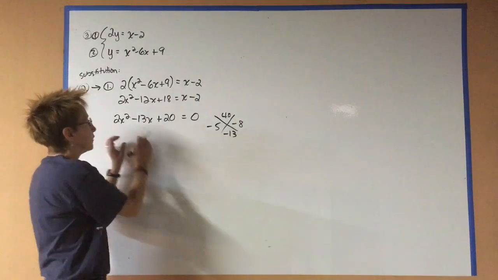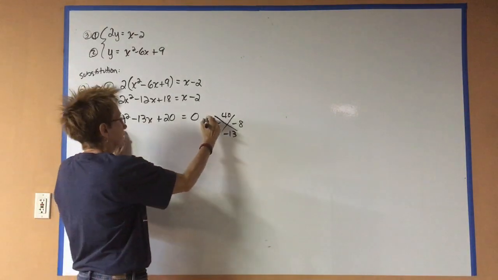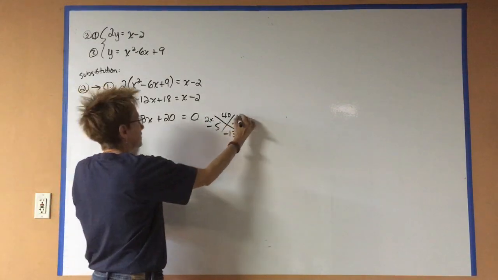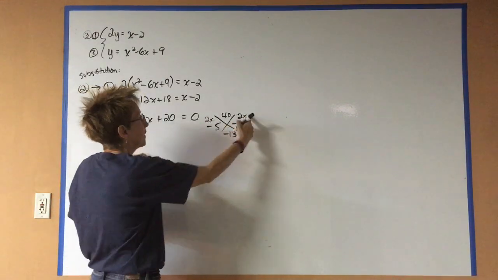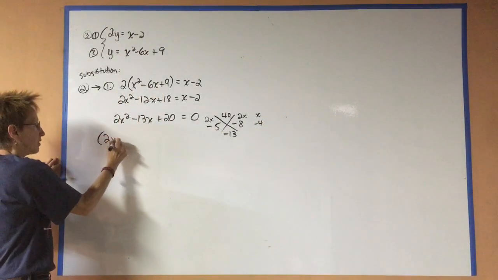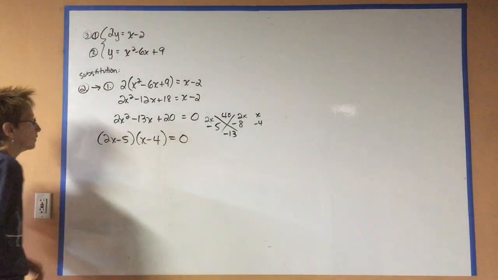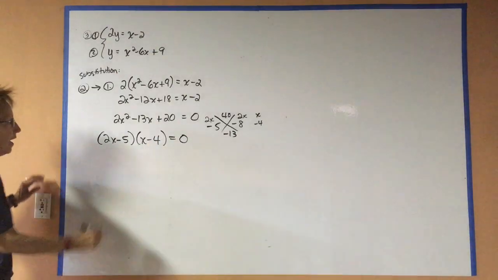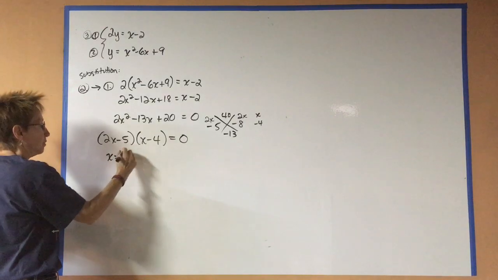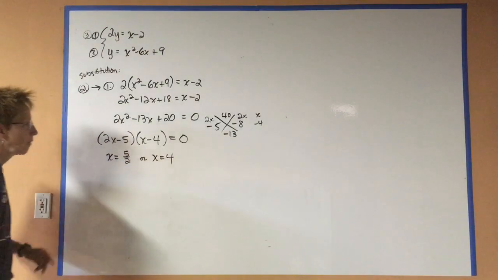So let's see, you can either rewrite this into 4 terms and do grouping, or if I do that simplify idea, I put a 2x over here and a 2x over here. This won't simplify, but this will, into an x and a negative 4. So I think my factors are 2x minus 5, x minus 4 equals 0, which means that x is either equal to positive 5/2 or x is equal to 4.